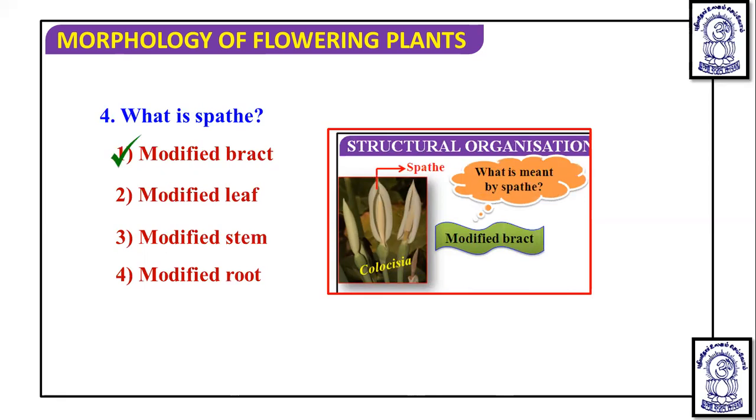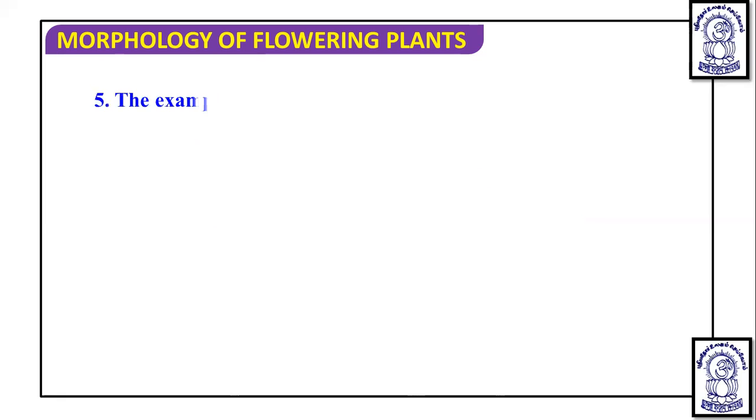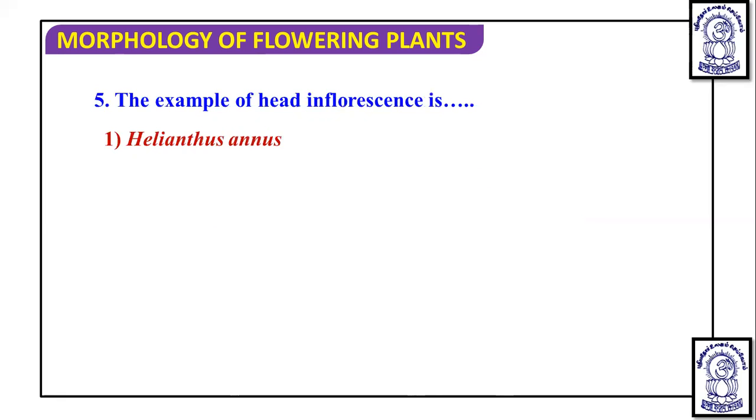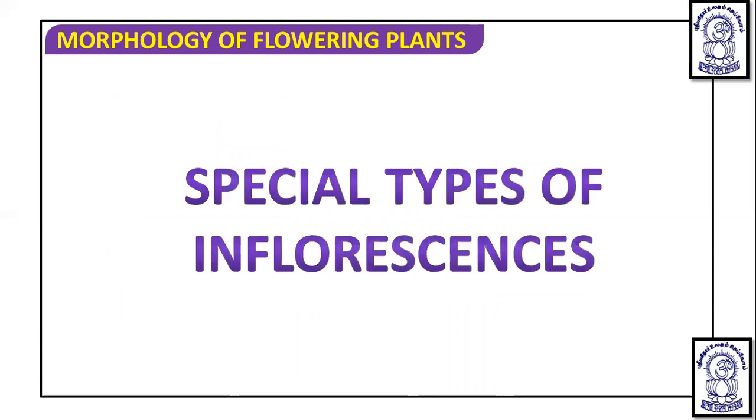The example of head inflorescence: head is nothing but racemose or capitulum inflorescence, where the receptacle is formed due to flattening of the peduncle end, and bisexual and unisexual flowers are arranged over this, found in sunflower and tagetes. The scientific name of sunflower is Helianthus annuus, so the answer is first. Okay, so these are the two types of inflorescence which are mainly important according to the NCERT.